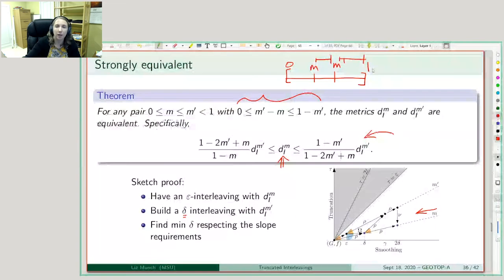All right, so in particular, if you want to start talking about, say, comparing things with the 0, the traditional interleaving distance, if m is equal to 0, this theorem only applies to 0 less than or equal to m prime less than or equal to 1 minus m prime, and you end up with something like m prime has to be less than or equal to a half. Okay, so I really want to be able to compare all of these.